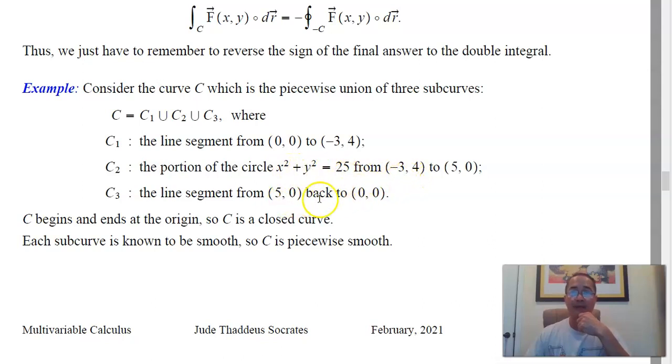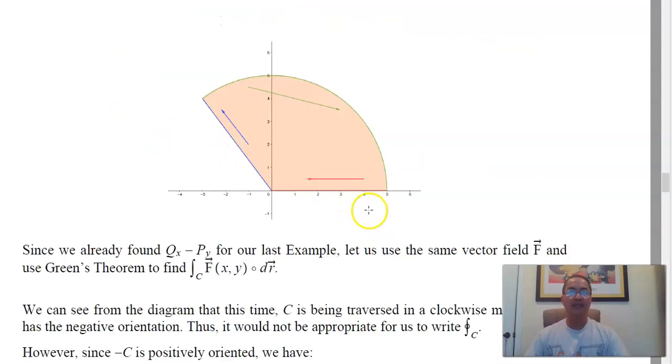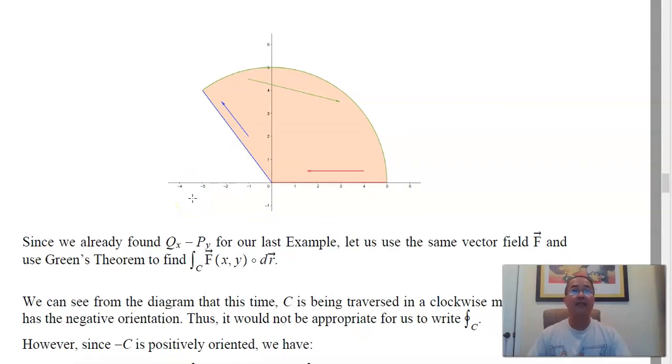Then from 5, 0 back to the origin. We start and end at the same point, so it's closed. Each of these parts is smooth, so we have a piecewise smooth curve. And that looks like a clockwise, negatively oriented curve because it's going clockwise.